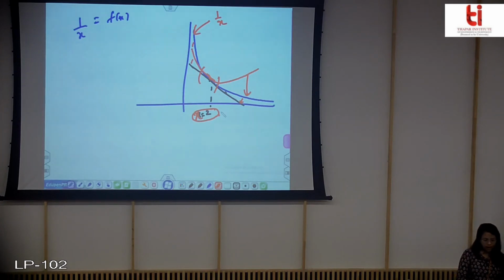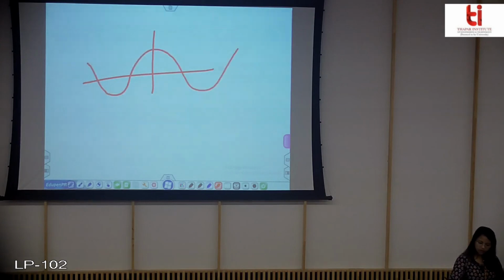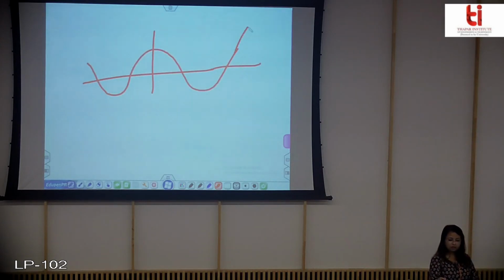So I hope you understand why this Taylor series is very helpful. For another example, suppose that this is my graph of cos x.